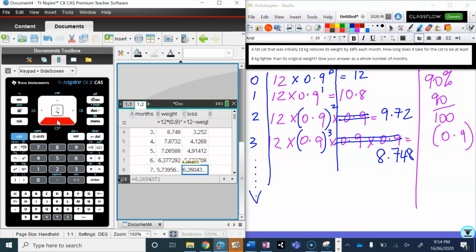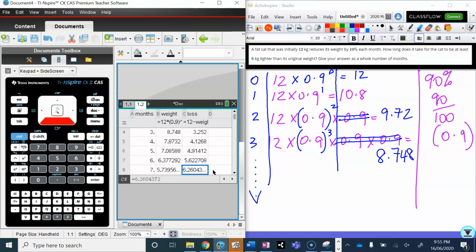So you can again start clicking if you wanted to go the other way and look at the weight loss rather than the actual weight of the cat, and say, well, for the cat to be 6 kilos lighter or more, it has to have lost at least 6 kilos. So we look until the cat's actually lost 6 kilos or more, and we see again the answer is still month 7. So 3 different ways we've looked at that same problem.